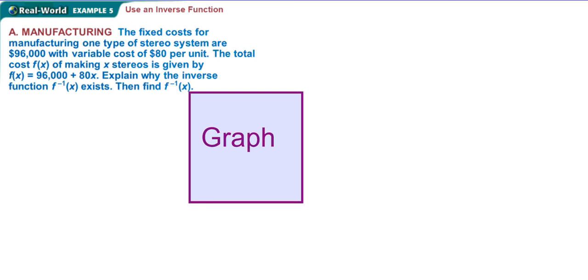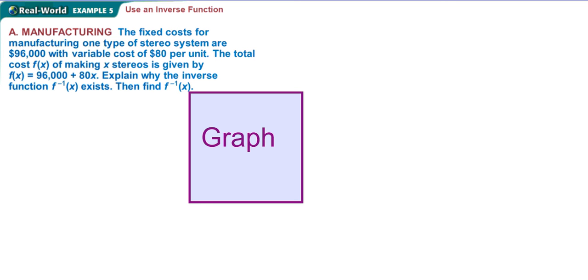Do you agree that almost every linear equation is going to be a function and have an inverse function? And do you know why I say almost every one? Because I just said linear equation. So if we have y equals 3, that's a horizontal line. Is that a function? Y equals 3? Yes. Is it 1 to 1? Does it have an inverse function?